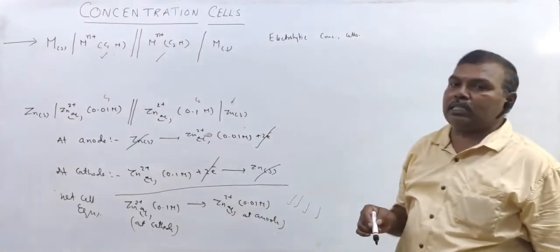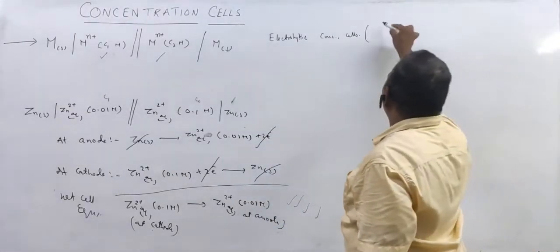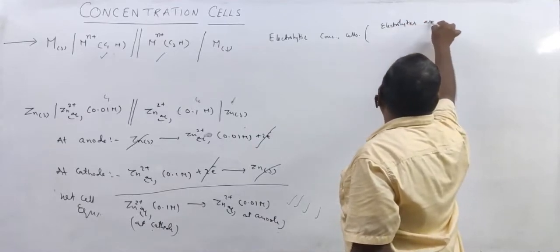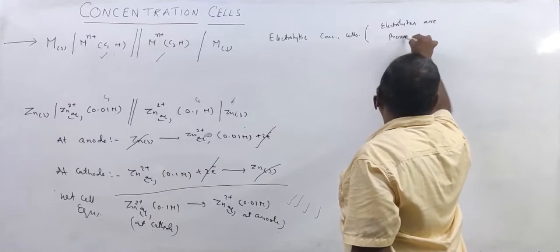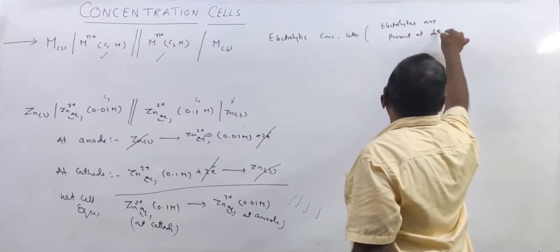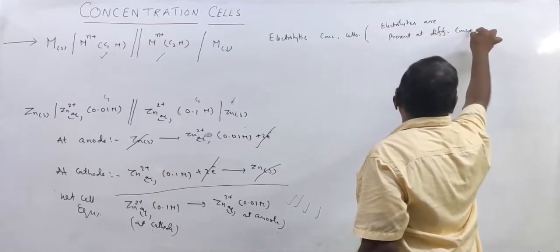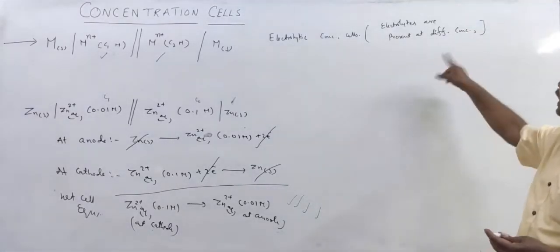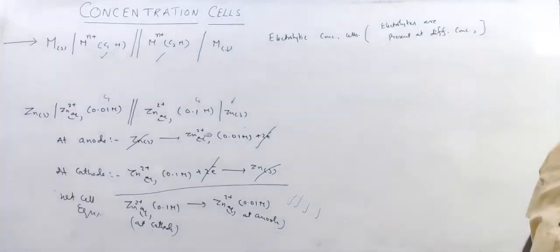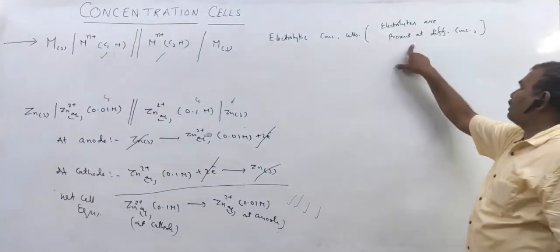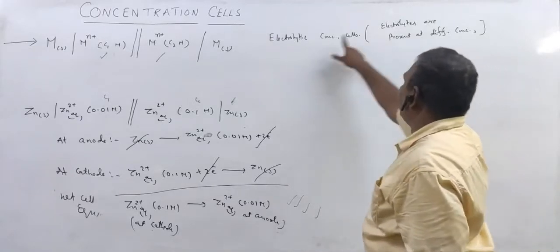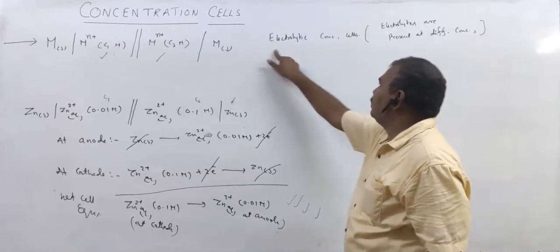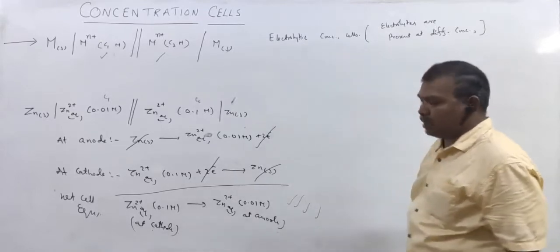In these, electrolytes are present at different concentrations. So if electrolytes are present at different concentrations, then those cells are called electrolytic concentration cells.